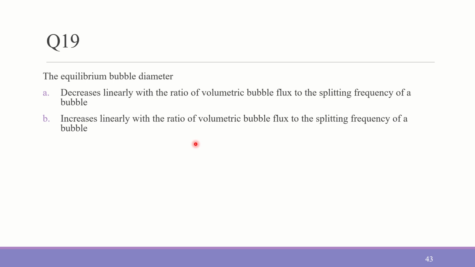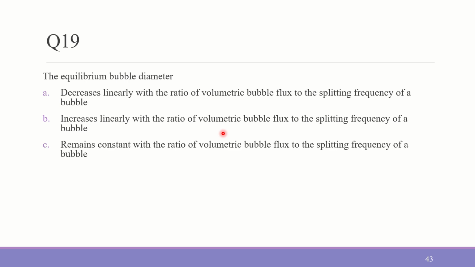Option B, increases linearly with the ratio of volumetric bubble flux to the splitting frequency of a bubble. Option C, remains constant with the ratio of volumetric bubble flux to the splitting frequency of a bubble. Option D, none of the above. The question is about what happens to the equilibrium bubble diameter in relation to the ratio of volumetric bubble flux to the splitting frequency of a bubble.